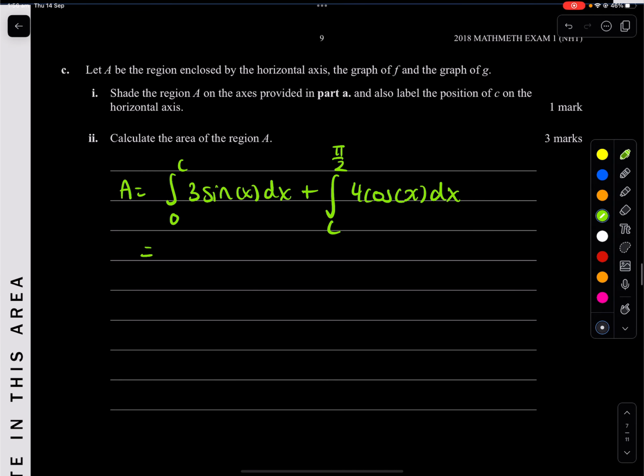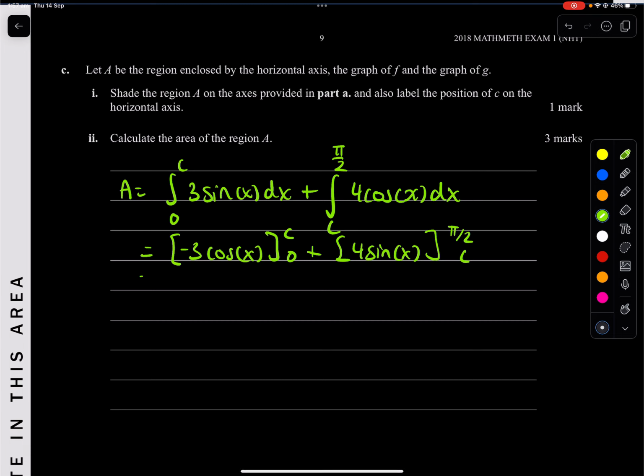So that'll be negative 3 cos x from 0 to C, plus 4 sine x from C to pi over 2.